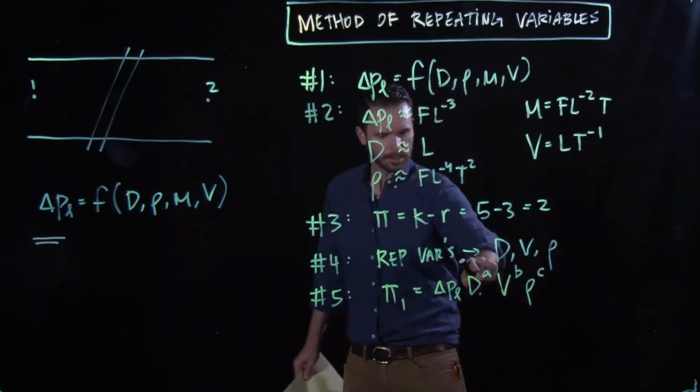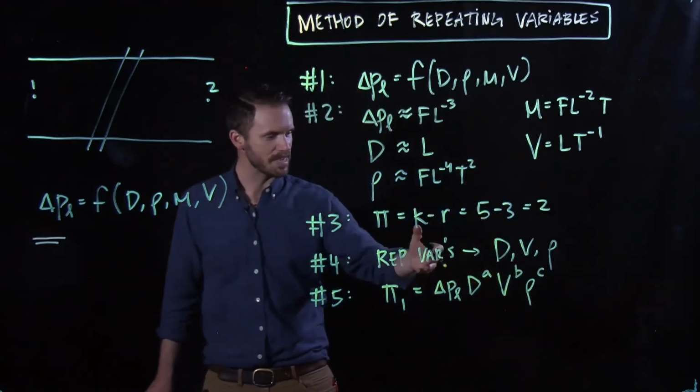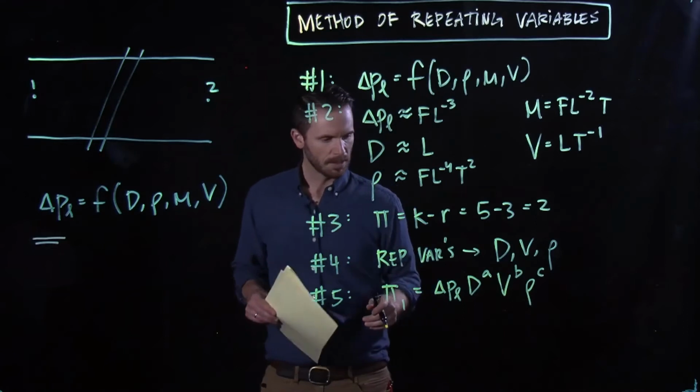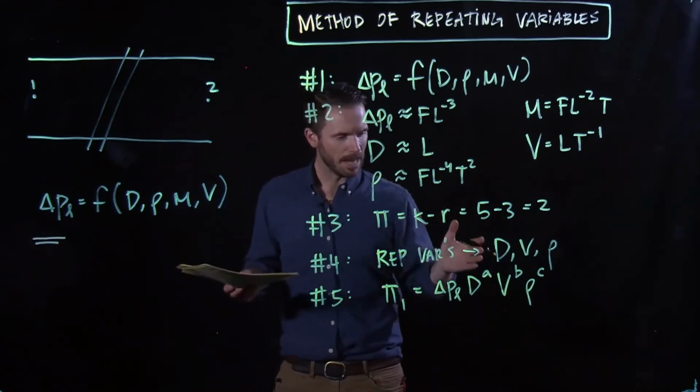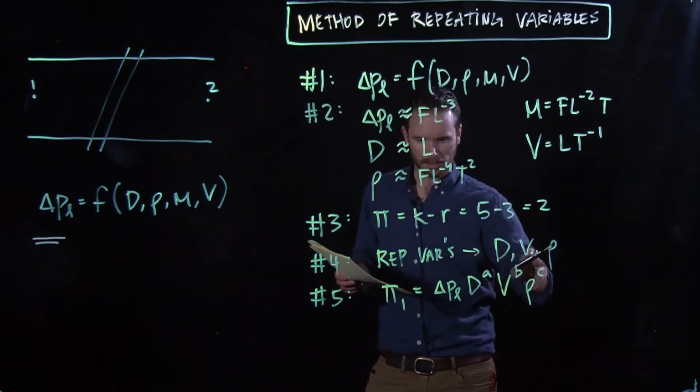And I've included an exponent on each of these, knowing that some of these may be squared or cubed to be able to make this dimensionless, right? And so at this point we can say, okay, how do we determine what these exponents are? What is A, what is B, and what is C?